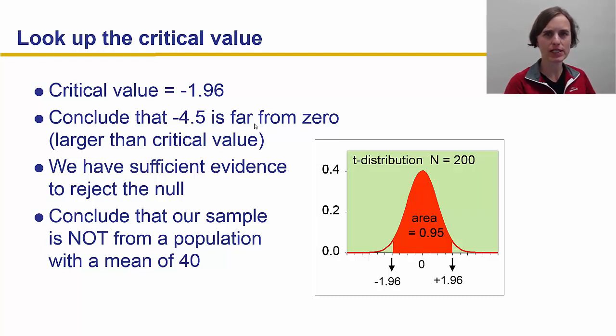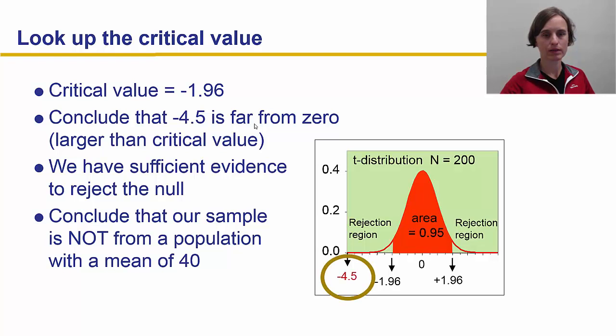Remember, the null hypothesis was that our sample mean was 40. Rejecting that null hypothesis means that our average forested area is not 40%. Our test value of 4.5 lies in the rejection region, the region of 0.05.